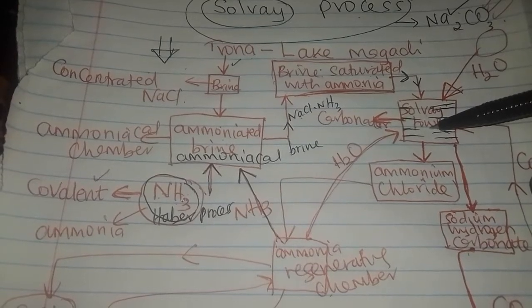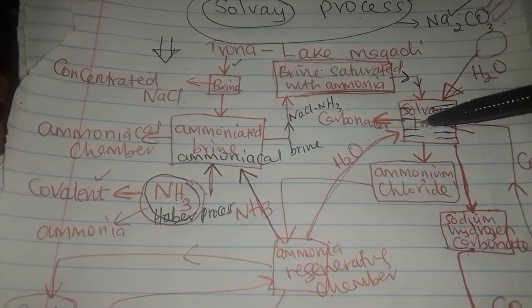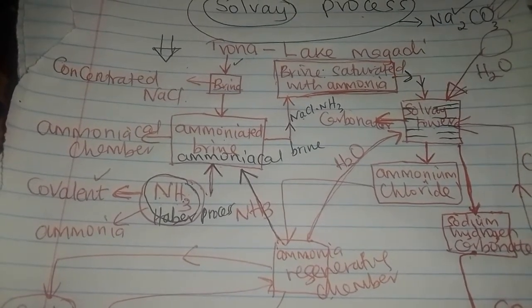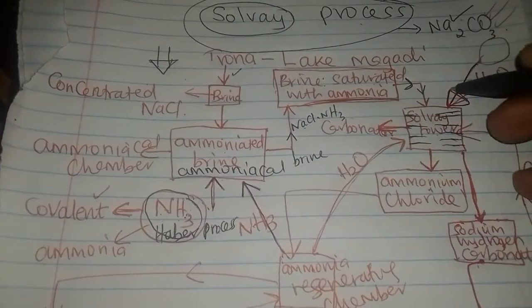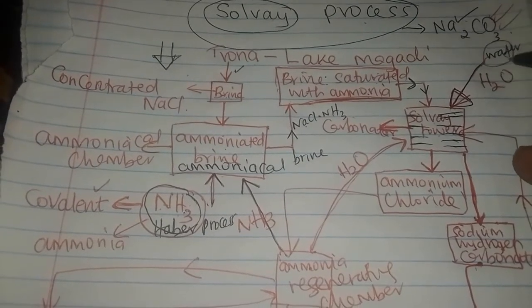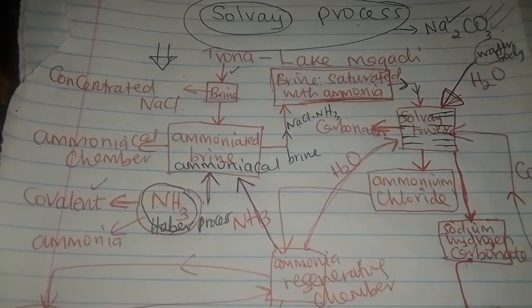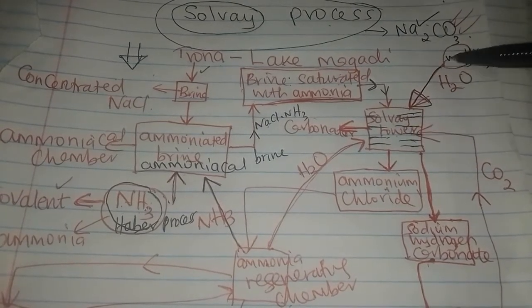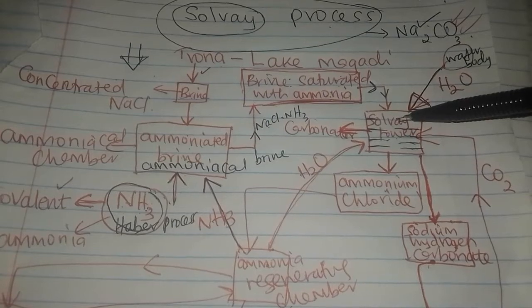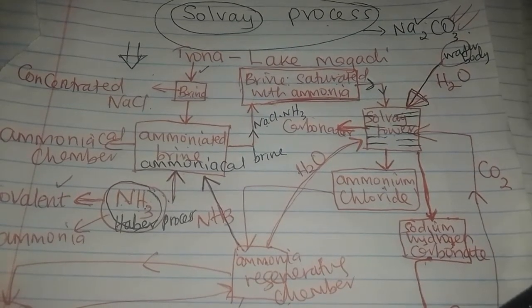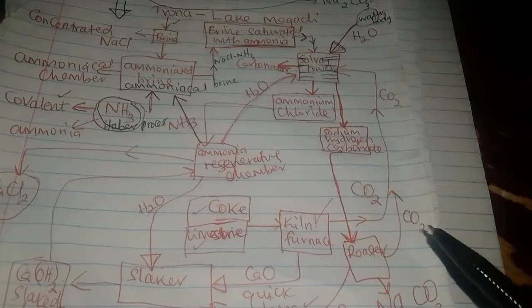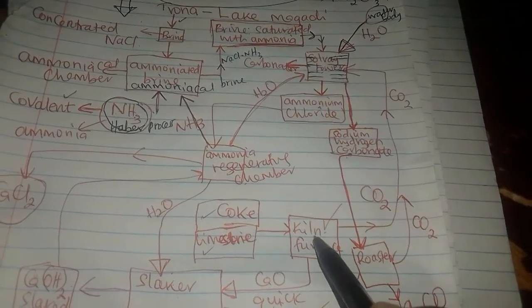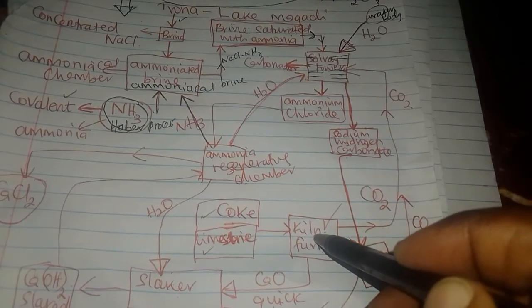This Solvay tower is also referred to as the carbonator. This is where the brine saturated with ammonia reacts with water, for example, from a water body like a lake or a river. Then with carbon dioxide, for example, from the kiln, where the decomposition of limestone, or calcium carbonate, occurs.